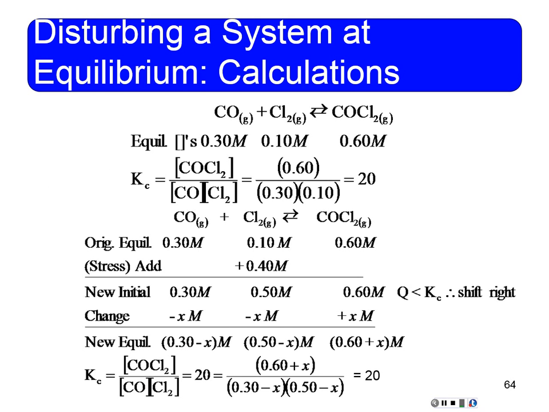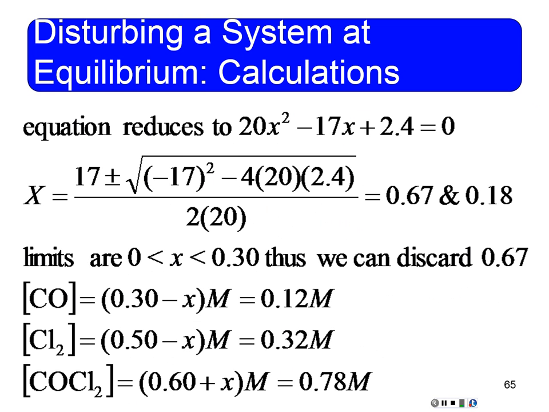Okay? So if we look back over here, that eliminates our 0.67, right? Because 0.18 fits in that less than 0.30. And now we just go back and we plug in that 0.18 for x, and you get your new equilibrium concentrations.